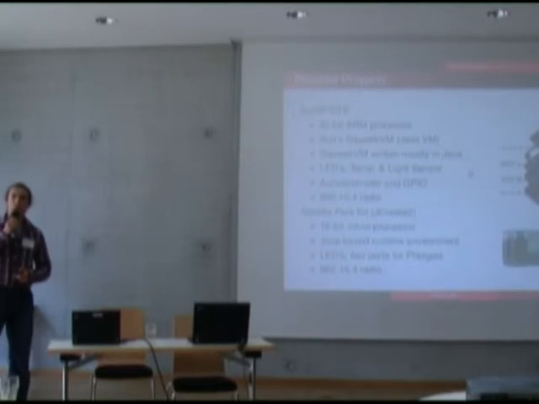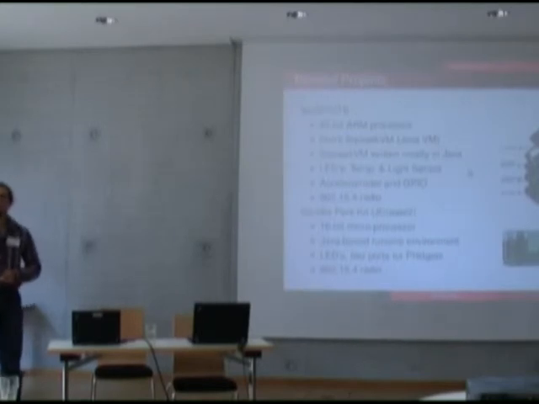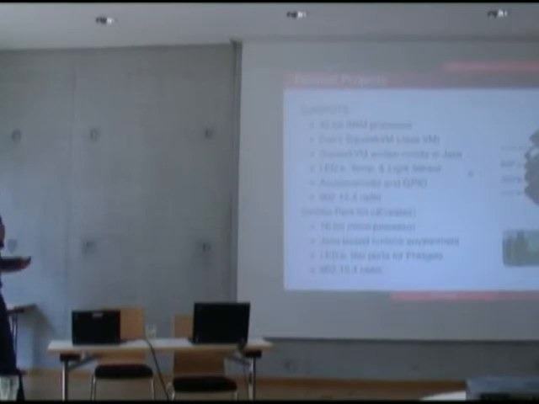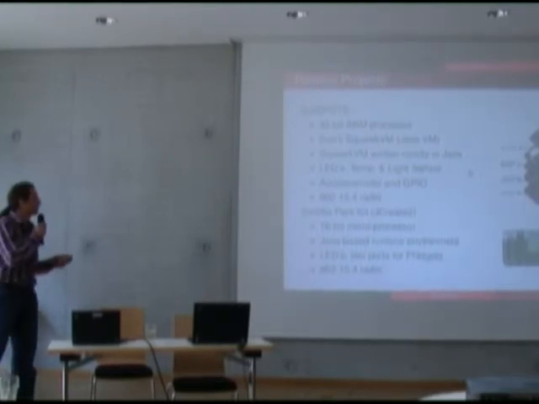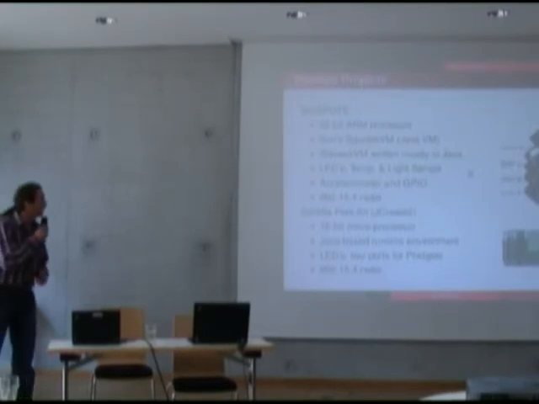I think the most popular example is the Squawk VM from Sun. It's a Java VM that was written to run on hardware without any operating system. And the clue of this special version of the VM is that it's written itself in Java.